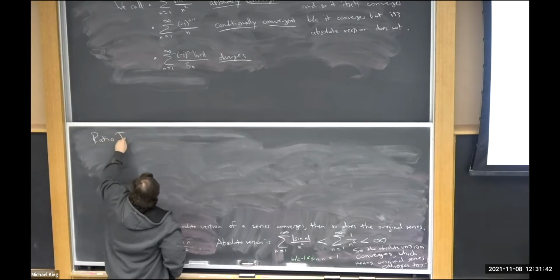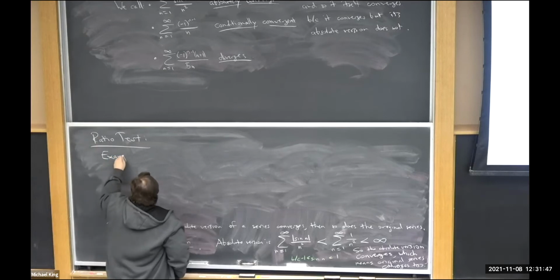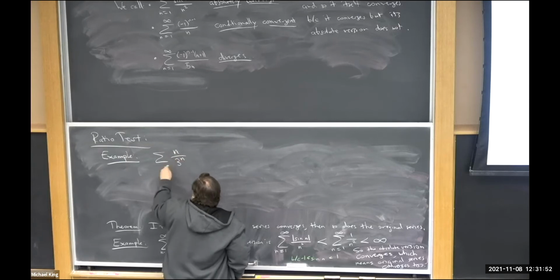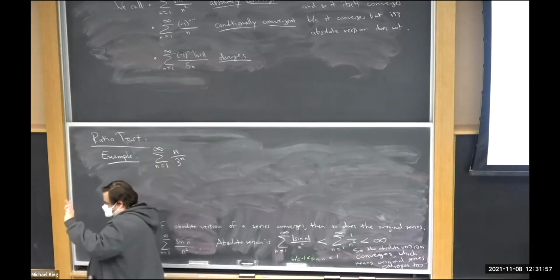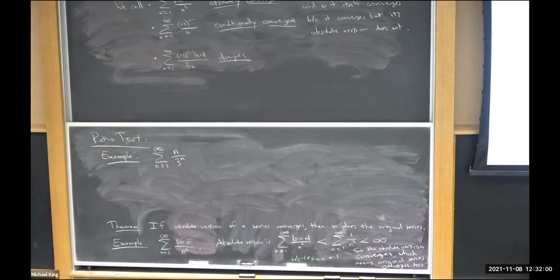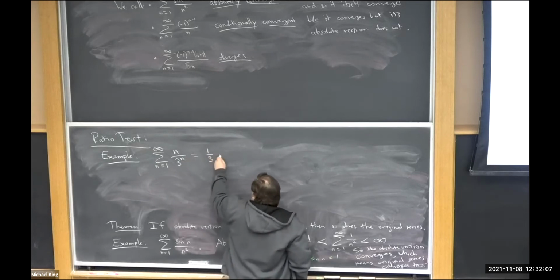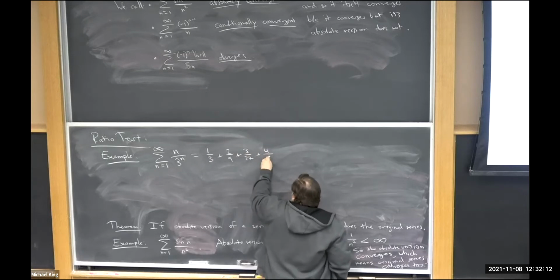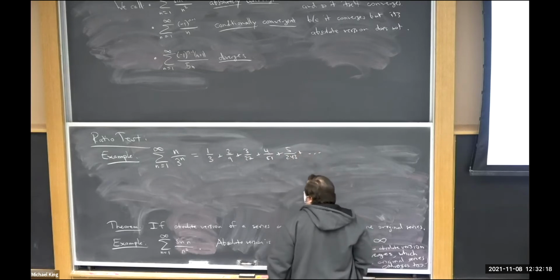So let's look at an example like the sum of n over 3 to the n. I could also make it alternating, because it turns out this will work for alternating series. But let's just think about this. So let's write some terms out. 1 over 3 plus 2 over 9 plus 3 over 27, 4/81, 5/243, and so on.